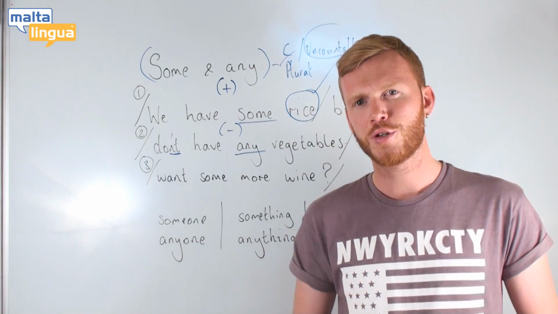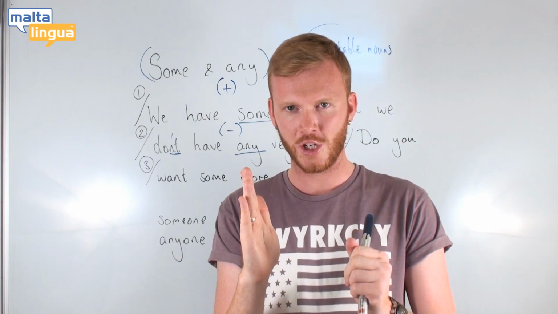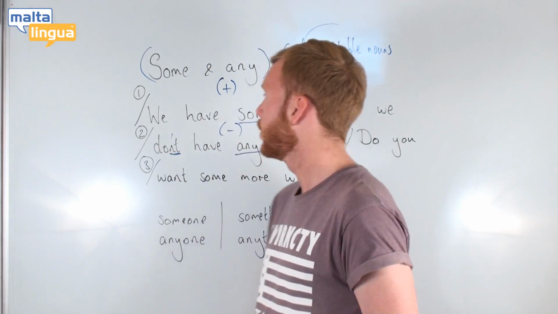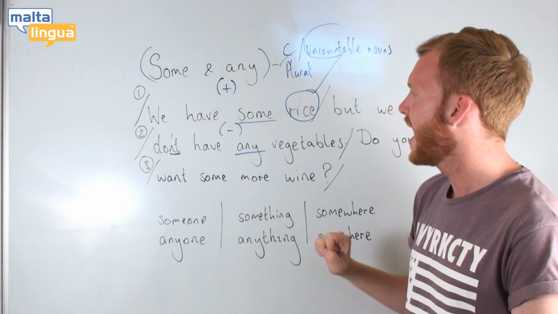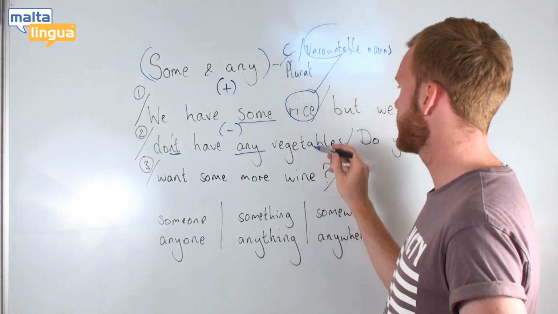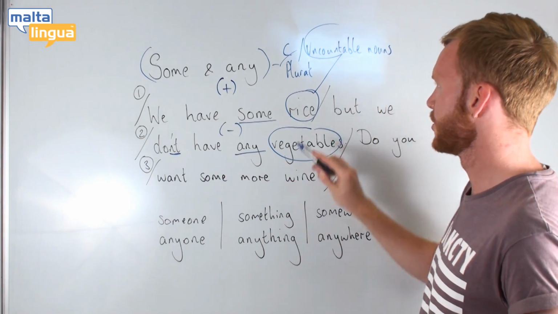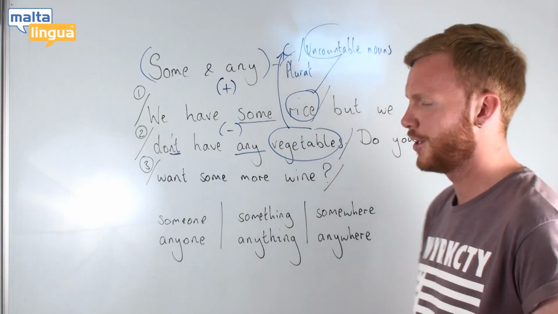Now, I should also say that although the rule sometimes changes, normally we can choose some with an uncountable noun and any with a countable noun. In this particular example, I have chosen vegetables, which is a countable noun.